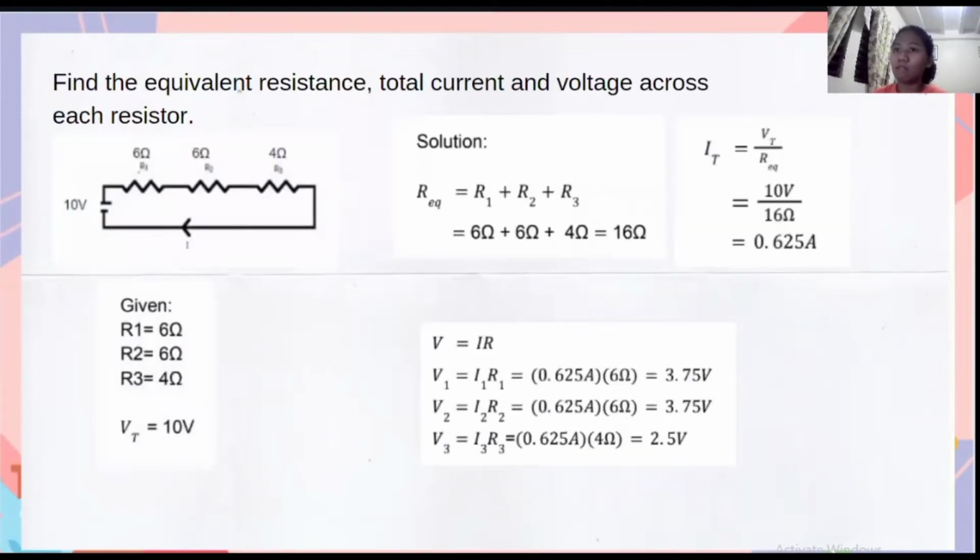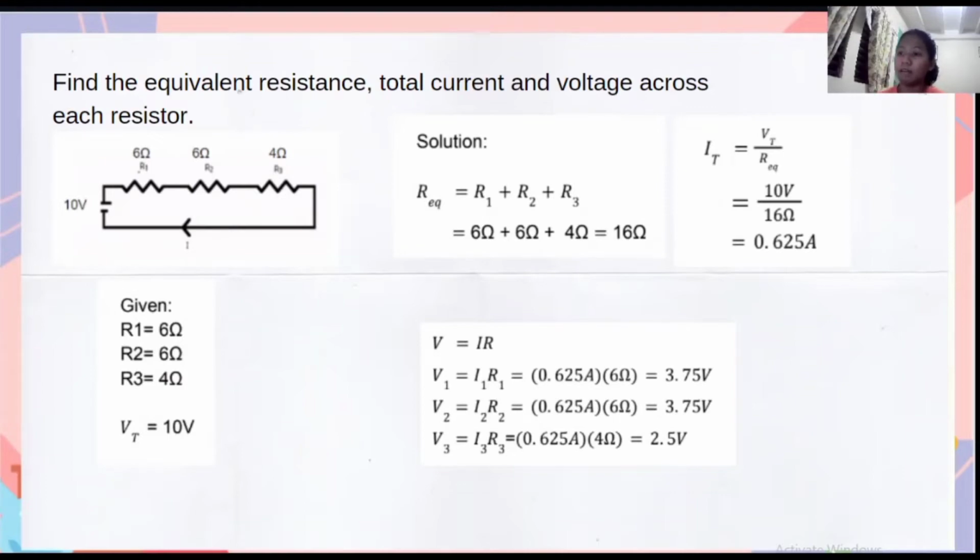For example, find the equivalent resistance, total current, and voltage across each resistor. We are given R1, or resistance 1, equals 6 ohms, R2 is 6 ohms, and R3 is 4 ohms. The total voltage is 10 volts. To find the equivalent resistance, we just add all the resistances, which will equal 16 ohms. To find the total current, we just substitute 10 volts divided by 16 ohms, which equals 0.625 amperes.